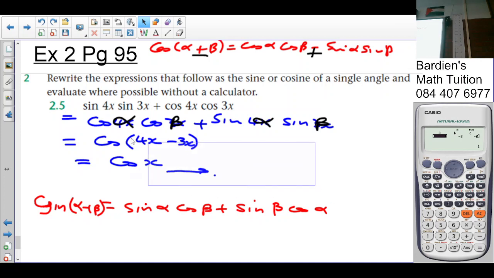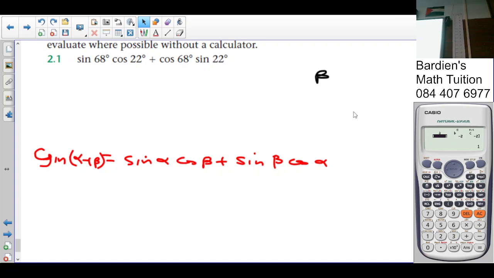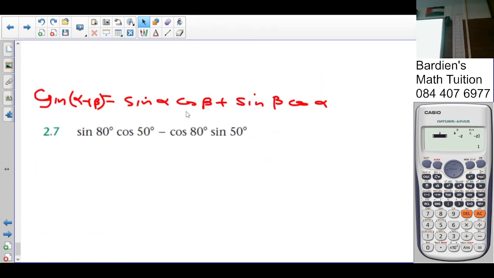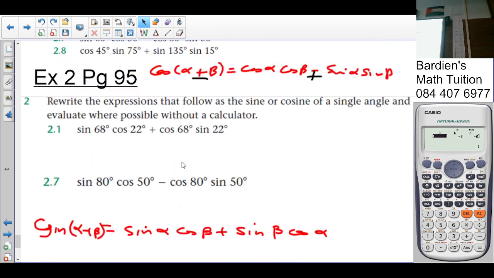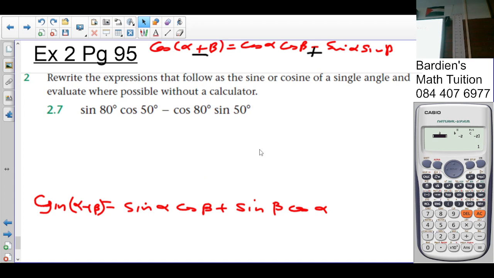But it's just out of courtesy so that you can see the identity being used there. Okay. I think this 2.7 is the last one of number 2.